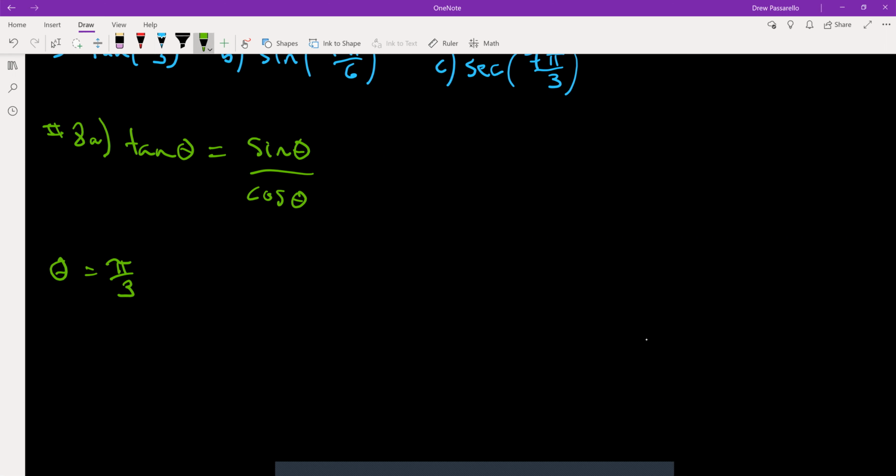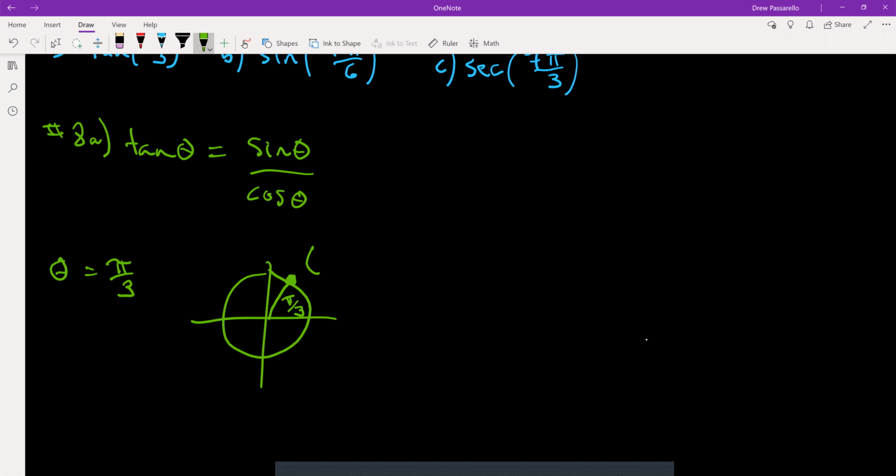If I have the unit circle, pi over 3 is somewhere right there, and on the unit circle you have the x value and the y value for that point.